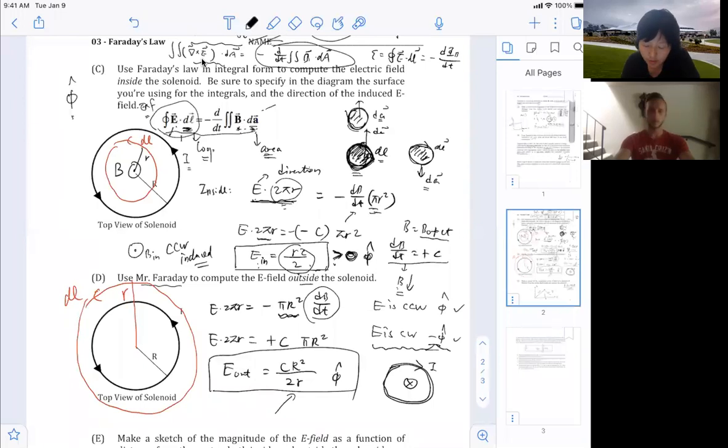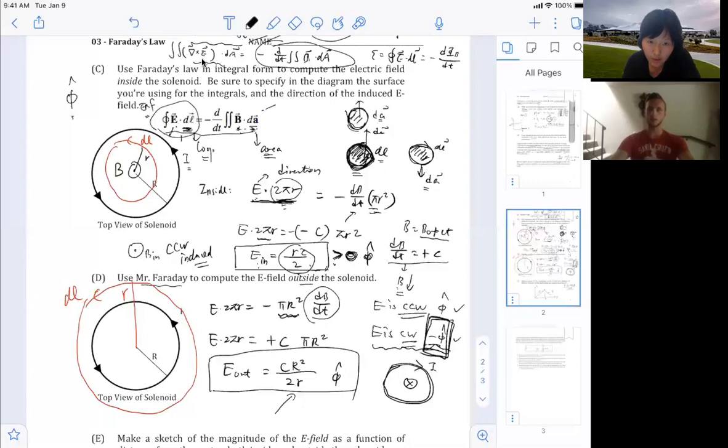Because E has only two possible directions, right? Either this way or this way. If your E is this way, you have already decided the dot product between E and dl.